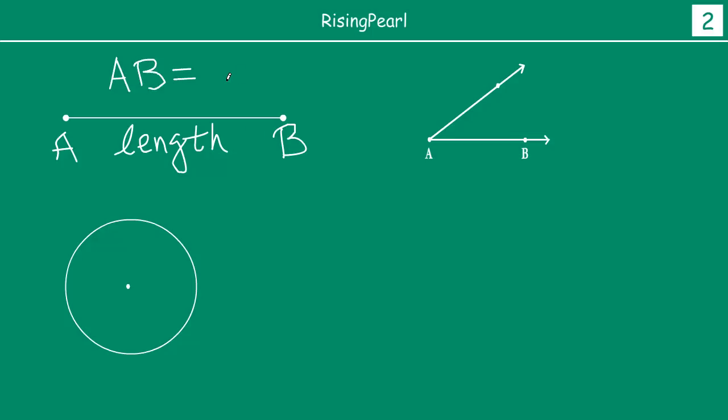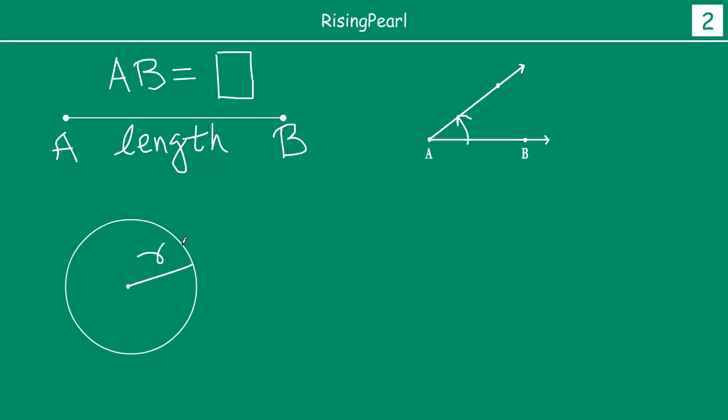This is how we measure a line segment, in some length unit. For angles, we measure how far the moving arm is from the base arm, right? So this is the measure of an angle. For a circle, we define it by the radius.